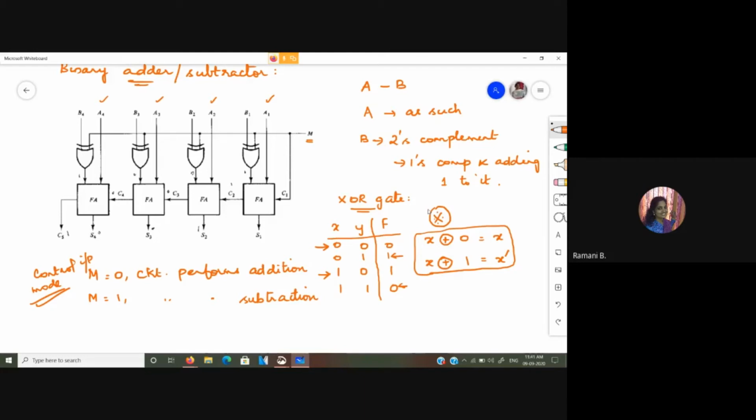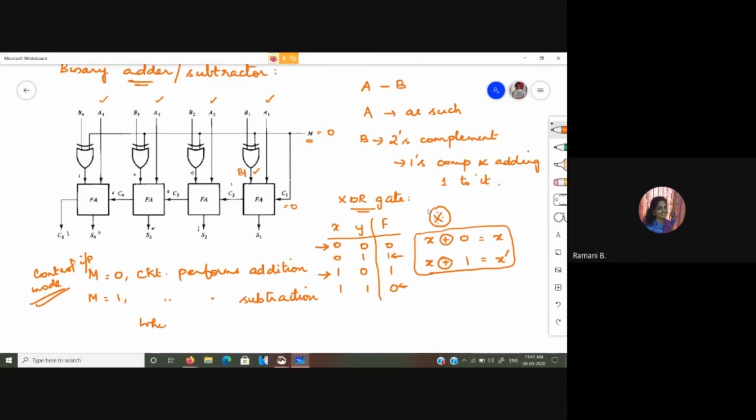So here, when M is equal to 0, C1 is equal to 0, that implies the input carry is 0. And here this M is XORed with B1. So when M is equal to 0, the output of the XOR gate will be B1 as such.